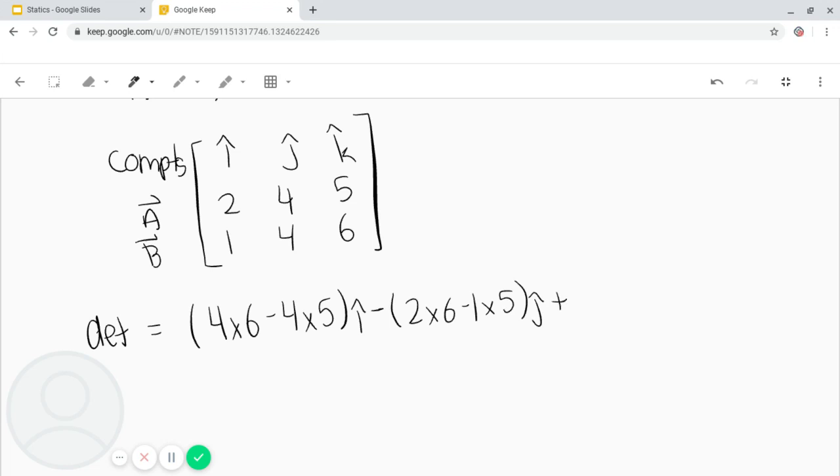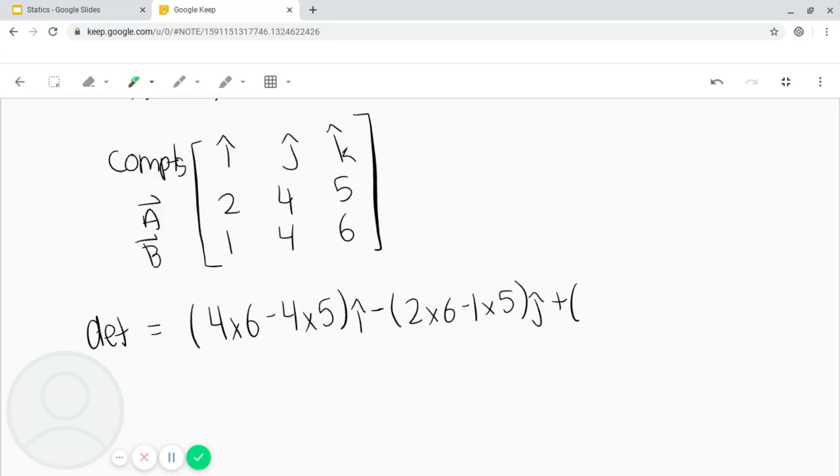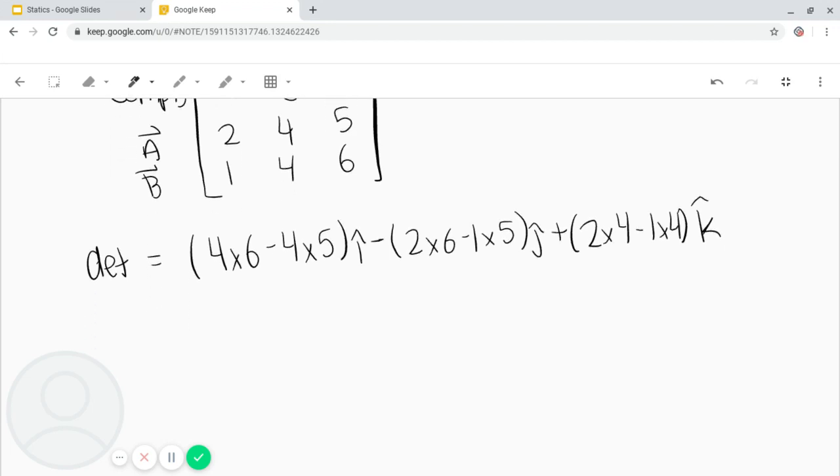Anyway, and then we'll say plus, and then we'll have our K term, which, again, we'll disregard the K column, and we'll just look at these. And then we'll go 2 by 4 minus 1 by 4. So 2 times 4 minus 1 times 4, K. So then we can simplify this.